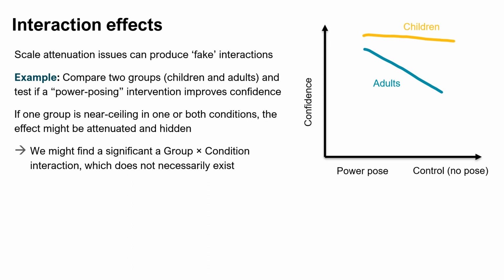So if we found this significant interaction and concluded that power posing is more effective in adults than it is in children, that might not necessarily be the case, because the children here were just always at peak confidence, and we would need to use a different measure where we can get some more variation to actually measure the effect of power posing in this group of participants.